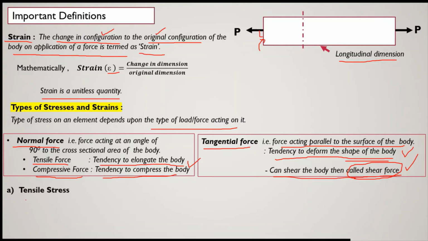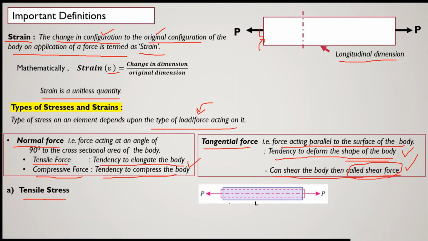Now tensile stress, as I have already told you, that type of stress depends on the type of the load or type of the force. Now when tensile stress will act, see here in this figure, this blue color body is the original size and shape of the body.